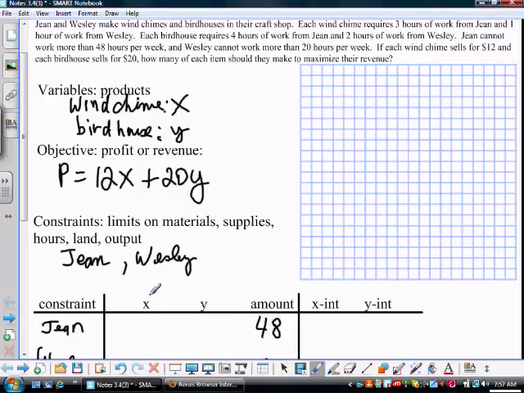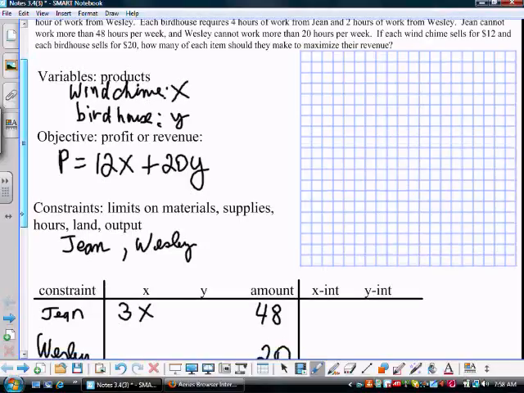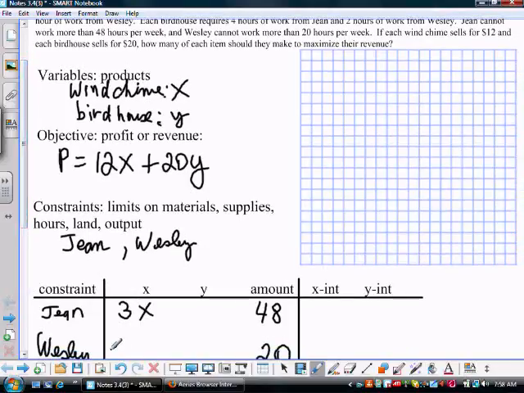The wind chimes are X's, and that's 3 for each wind chime. And 1 hour of work from Wesley. New line, not the Jean line. Now I'm on the Wesley line. For each wind chime, it takes 1 hour of work per week.